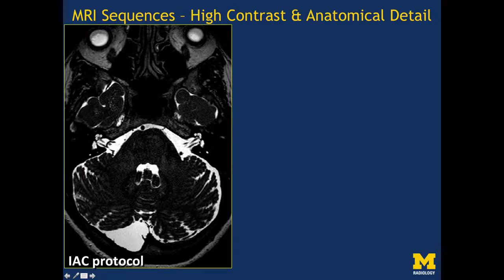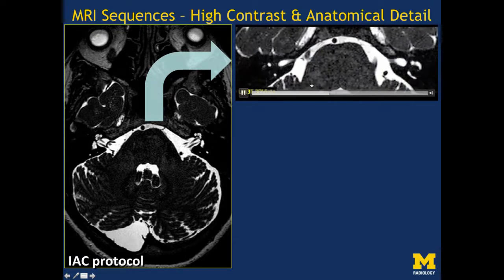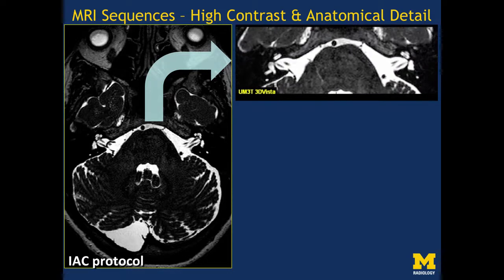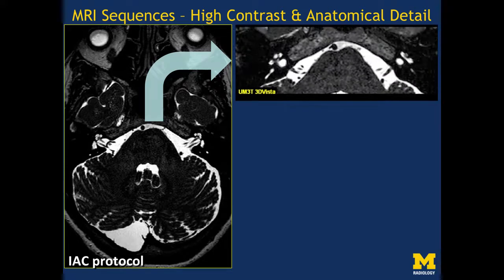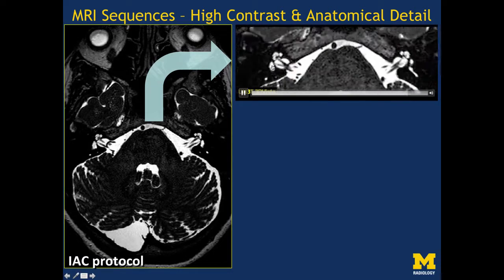Some class of sequences may be in nerve root imaging or in the inner ear, where we want yet 0.5 millimeter resolution. And now we'll not cover the whole brain, but just a relatively limited coverage, zoomed in to look at, say, the inner ear. These are dedicated scans that we do.